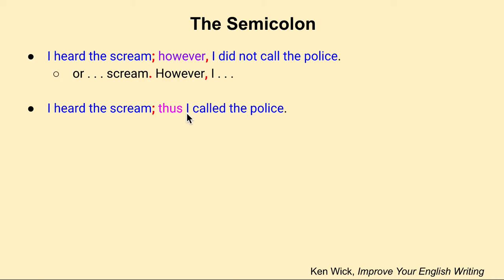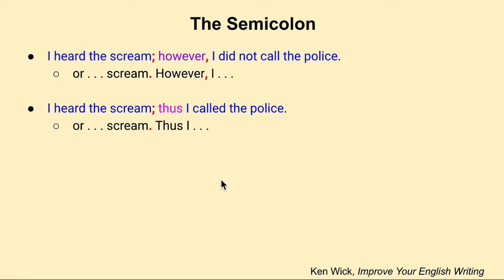Thus is one of the conjunctive adverbs which is not followed with a comma. So in this case, I heard the scream, thus I called the police, separated with a semicolon, or you can write this with the period instead of the semicolon, and you would also be correctly punctuated.